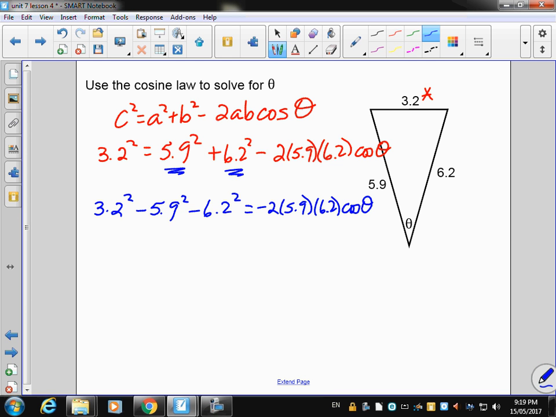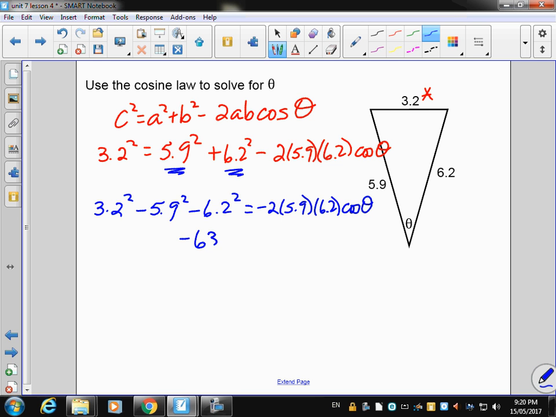All right, let's get our calculators out and get an answer for that left side. 3.2 squared subtract 5.9 squared subtract 6.2 squared.